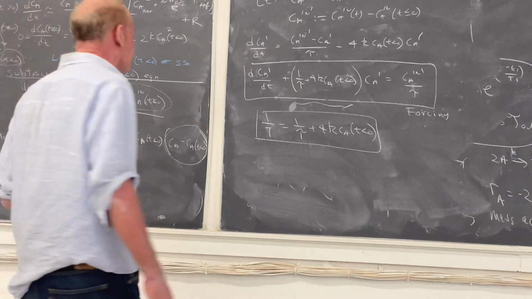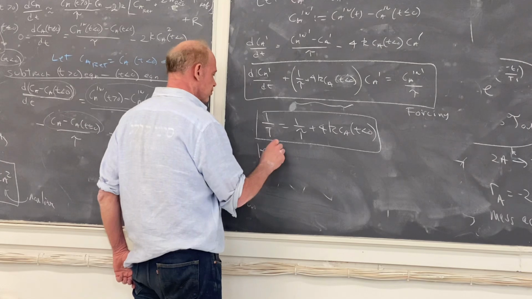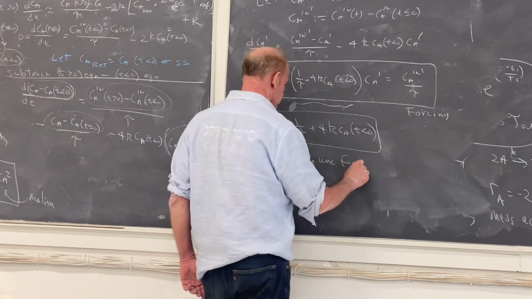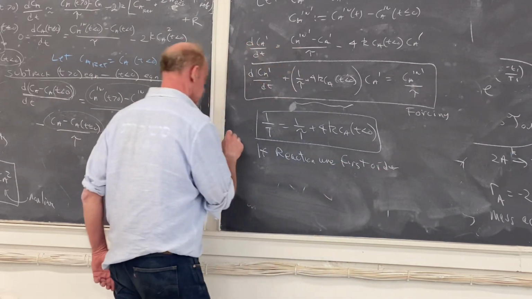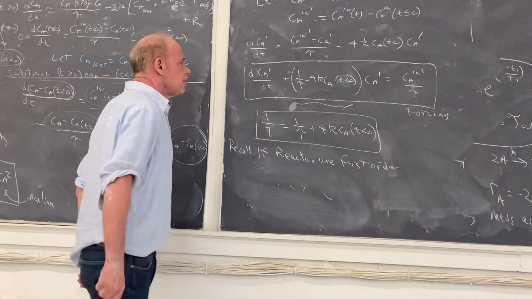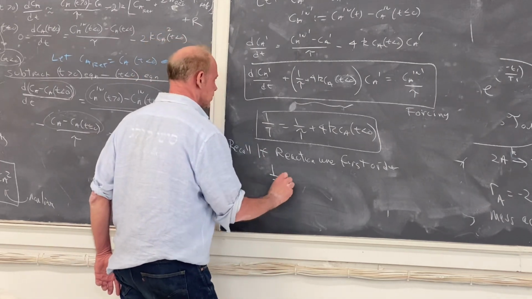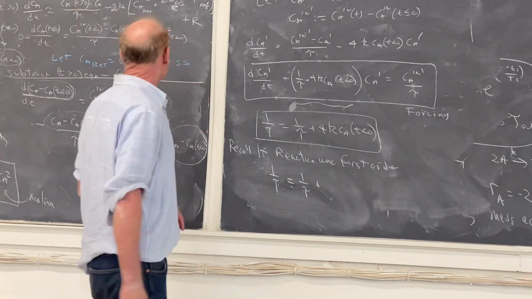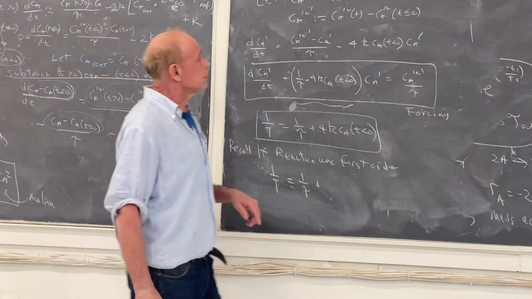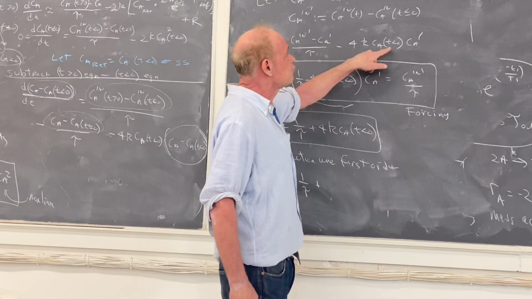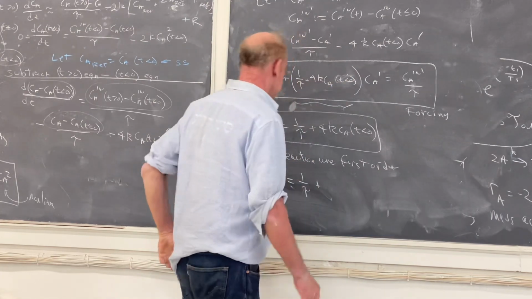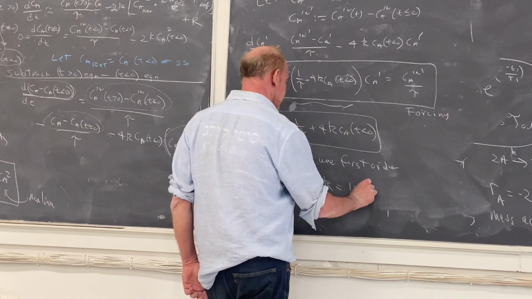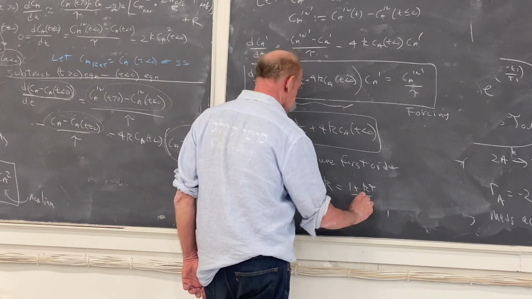If you remember, if the reaction were first order, then 1 over t would have been 1 over tau plus, instead of 4k times this, just k, which we said was (1 plus k tau) over tau.